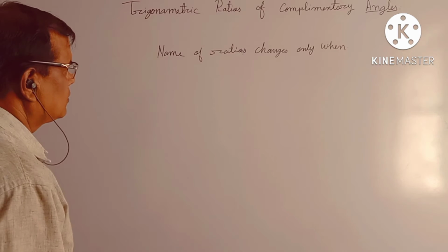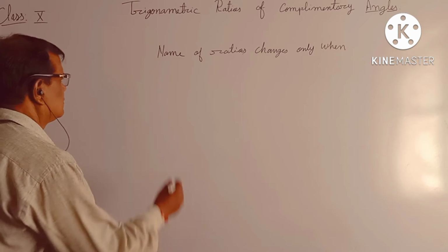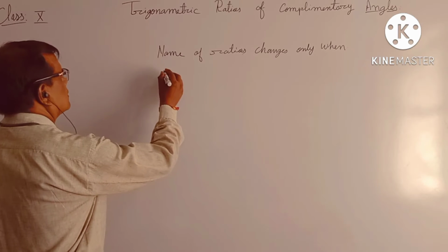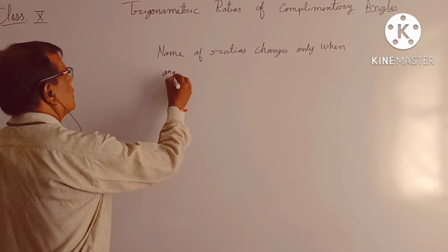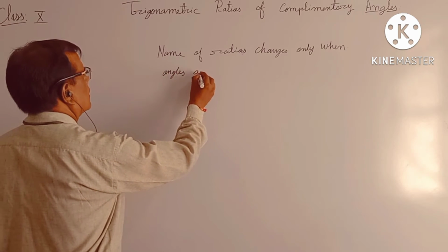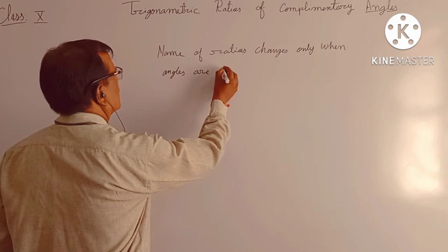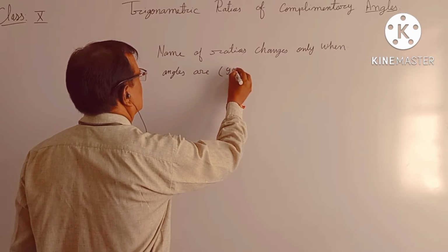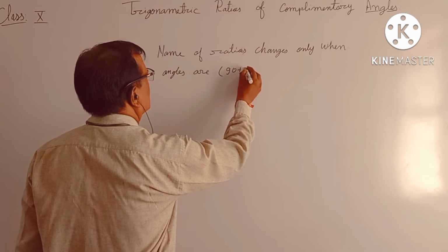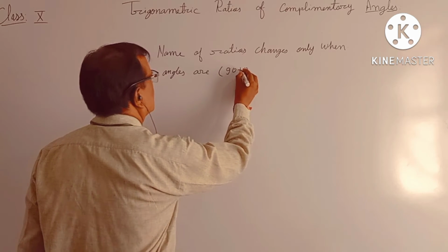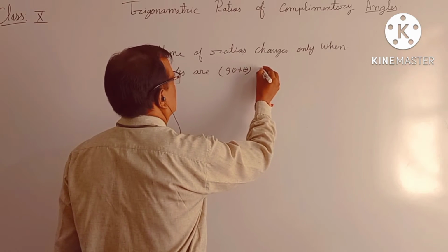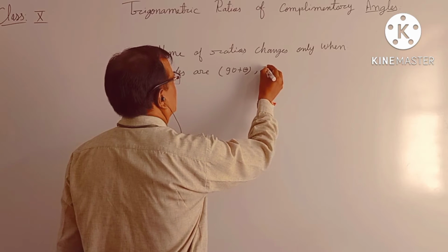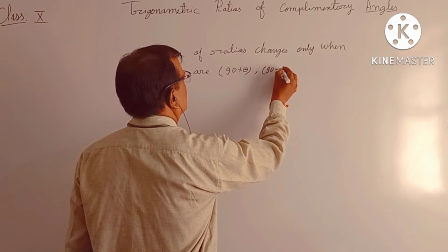The names of ratios change only when the angles are 90 plus theta or 90 minus theta, or 270 plus theta or 270 minus theta.